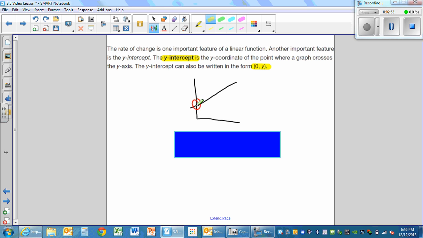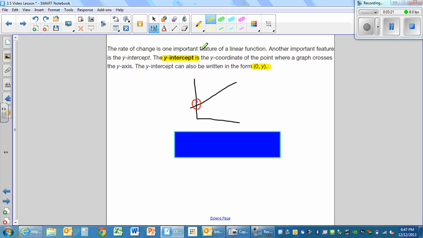So I'm up here at the 5 mark, even though I've traveled for 0 minutes. I'm still 5 miles away because I'm at the gas station that's 5 miles down the road. So my x value would be 0 because I haven't taken the time to drive anywhere yet, and my y value would be 5 because I'm still 5 miles away.